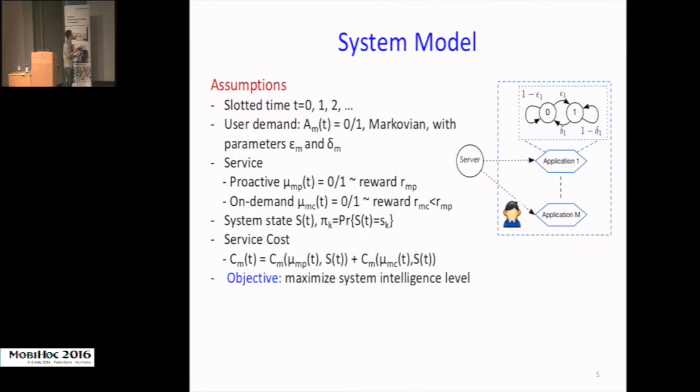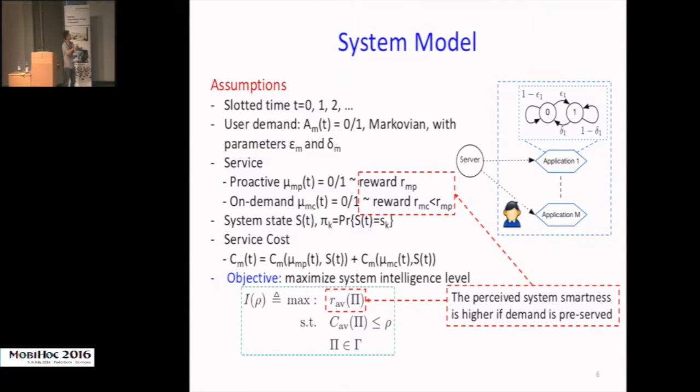All right, and then we define the following metric: we define the intelligence level of this system as the solution to this optimization problem. That is, we use I of rho to denote the intelligence, and it's defined to be the maximum average reward we can achieve over all possible control policies, subject to the following constraint that the cost I spend should be no more than a parameter rho.